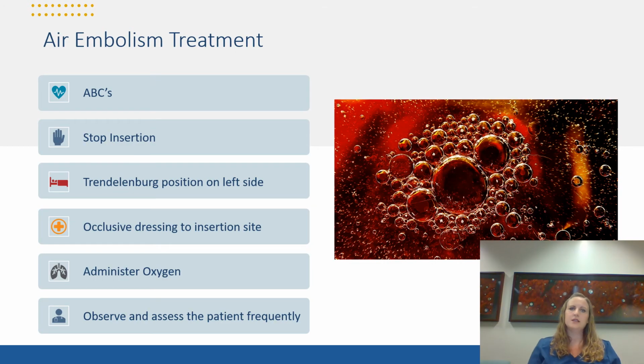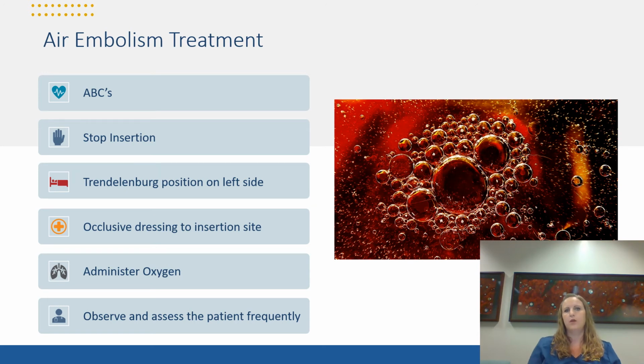So again, just like the hemo and pneumothorax, you're going to assess your patient. You're going to look at those ABCs to see if the patient is hemodynamically stable, if they're breathing. Again, you're going to stop the insertion of that central line if it is occurring when that line is being placed. You're going to want to place the patient in Trendelenburg position on their left side.